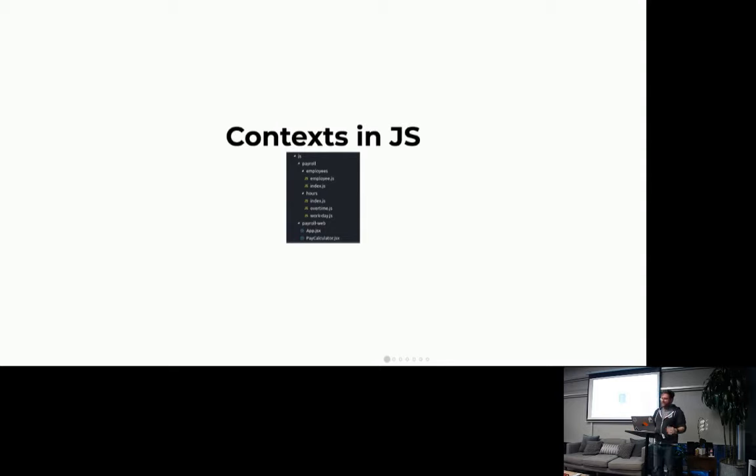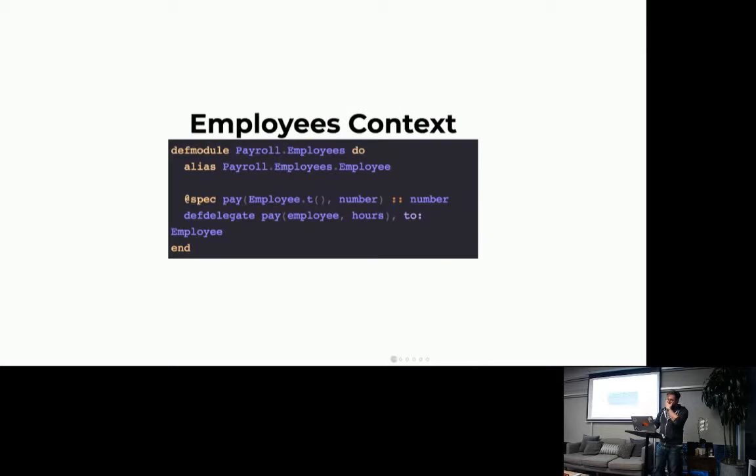So the same setup works quite well in Elixir. The employees context file, the public file here, for instance, is in this case just using defdelegate to delegate out to other modules. It sometimes also has its own functions that are sort of gluing together logic from different modules.